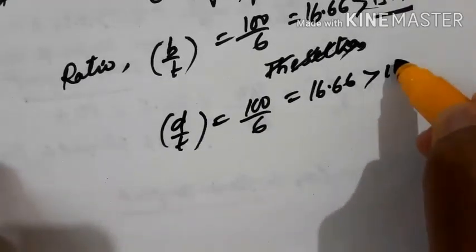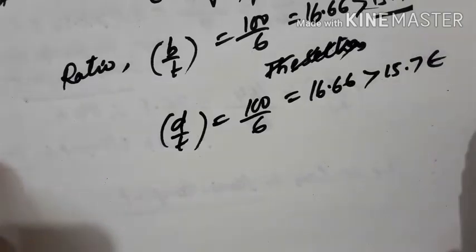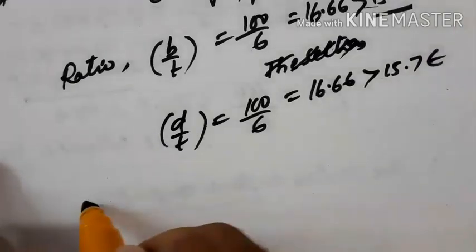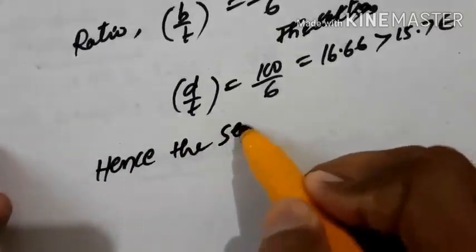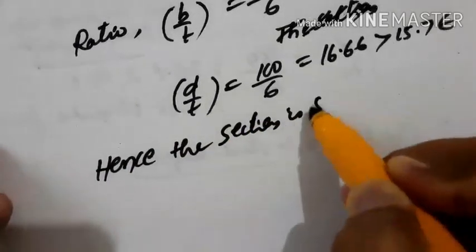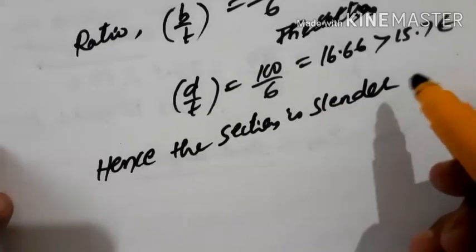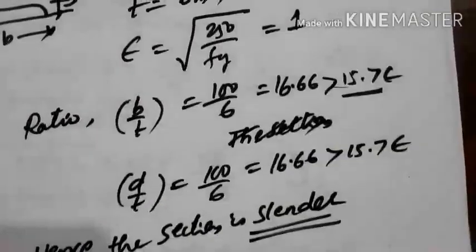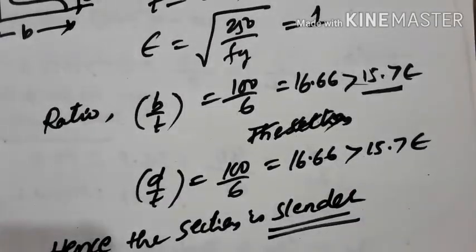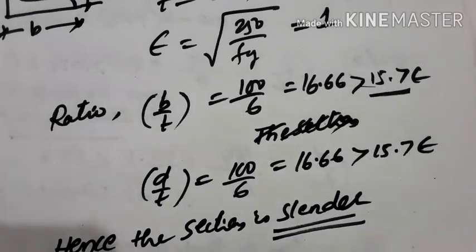Again this is also greater than 15.7 epsilon. Hence the section is slender. You have to classify the section as slender because it has crossed the limits given in the code.